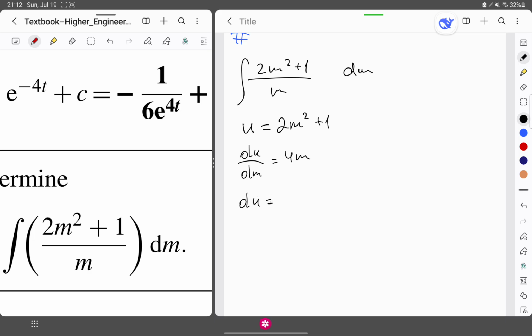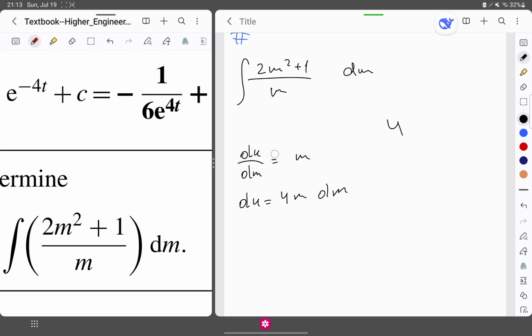Oh my gosh. 4m dm. Hmm, 2m squared plus 1 is u over m, 1 over m, or we just can write 2m.